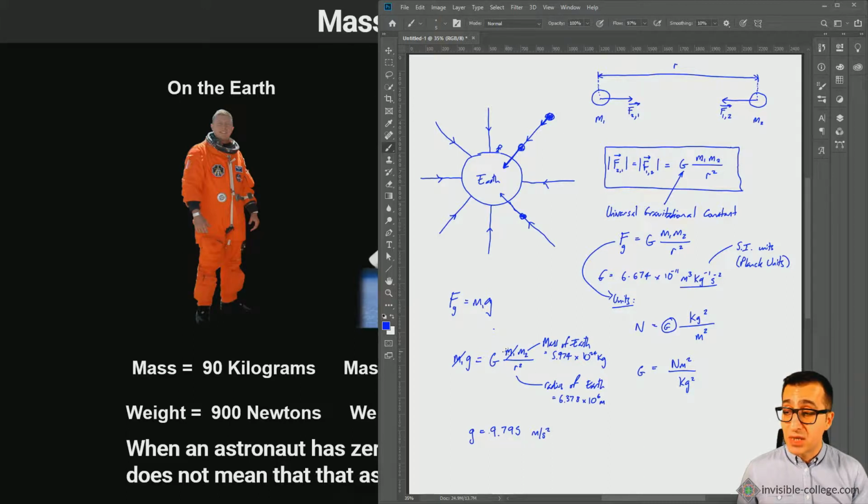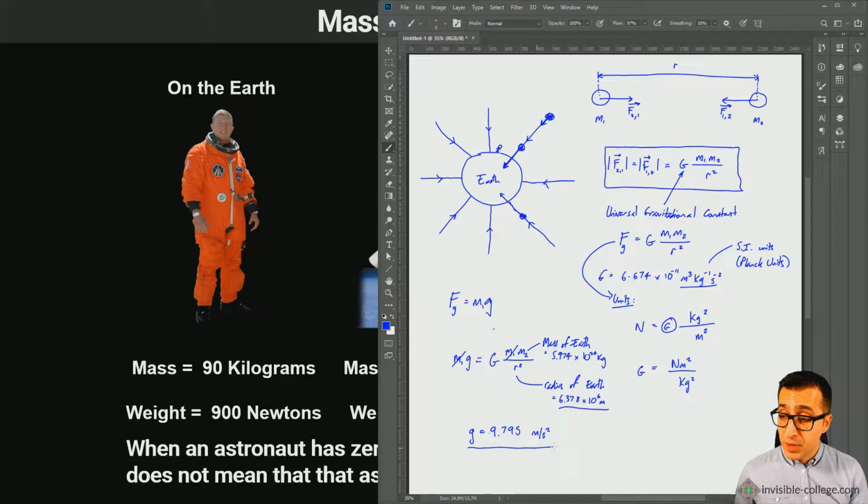And again, this makes use of the idea that any change in my position near the surface of the Earth, top of the tallest mountain, bottom of the deepest ocean, is negligible in comparison to this enormous radius of the Earth here. So we can simply use the radius of the Earth here for any practical purpose. Now, obviously, the further away we go, if I go up into orbit, or if I go further out into the solar system, then the change in r becomes significant, and then we can't just simplify by using the radius of the Earth.